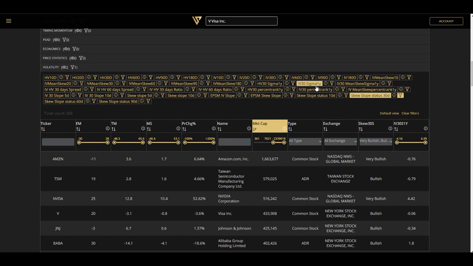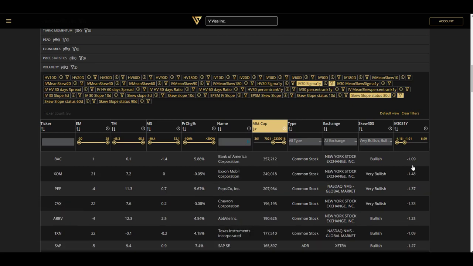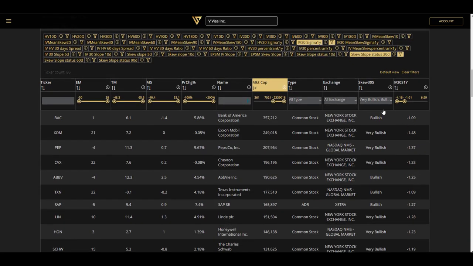So remember, when implied volatility is expensive, that's a good time to sell options. When implied volatility is cheap, that's a good time to buy options. So let's get to implied volatility when it is cheap, right? Okay, so here we have stocks that are very bullish, that are very cheap in implied volatility.